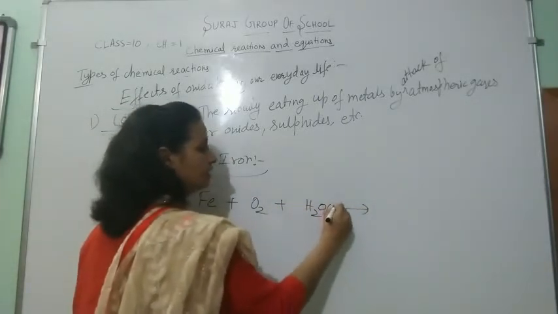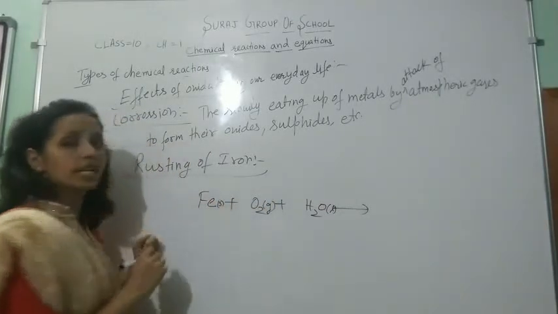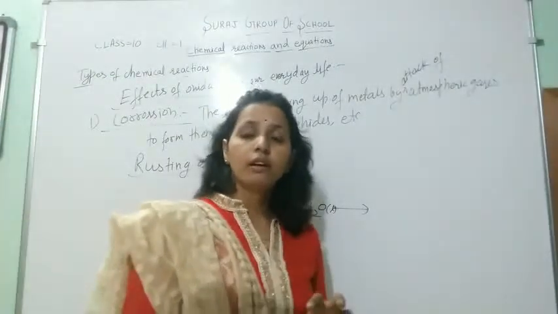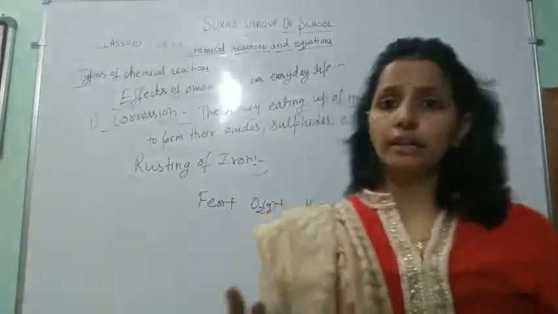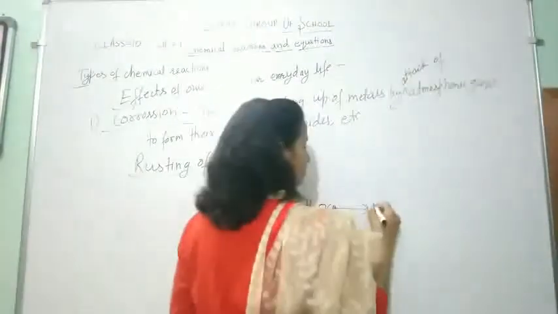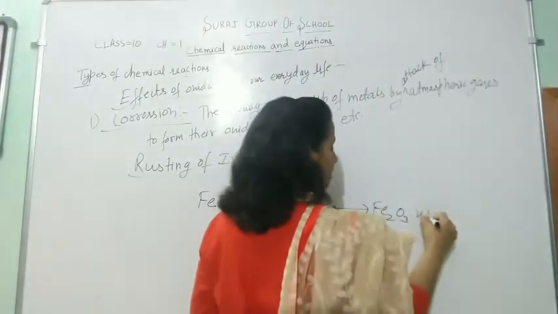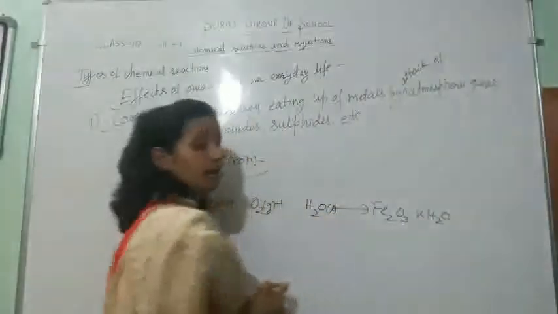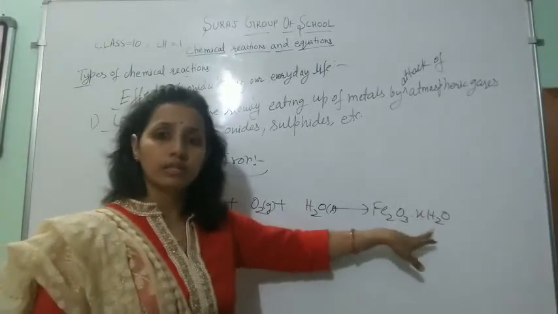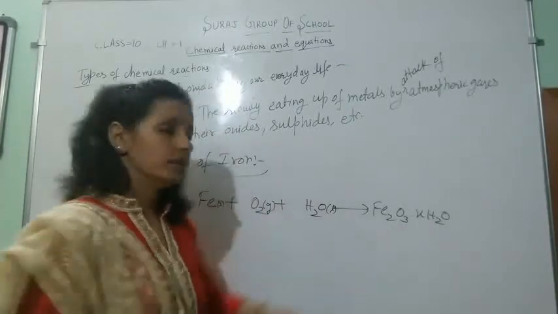Moisture is liquid, water; oxygen is a gas; iron is in a solid state. Any iron article like a tawa or iron nail. It forms ferric oxide and XH2O. X water molecules are attached with rust.